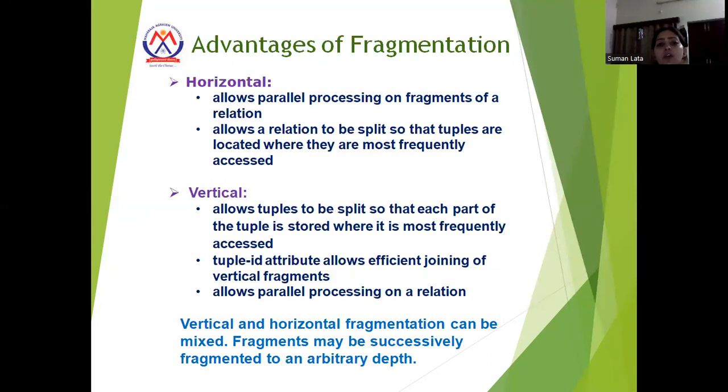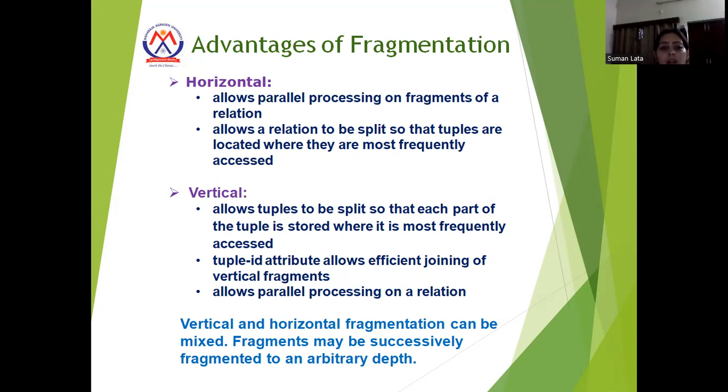Next is advantages of fragmentation. First, I'm going to discuss advantages of horizontal fragmentation. Horizontal fragmentation allows parallel processing on fragments of a relation, and it allows a relation to be split so that tuples are located where they are most frequently accessed. Second is vertical fragmentation.